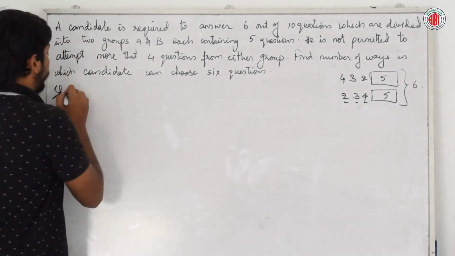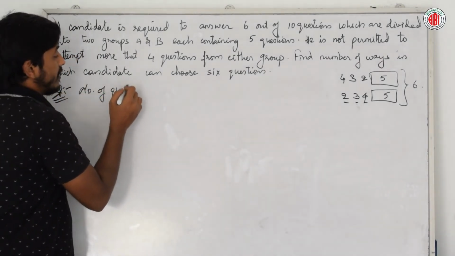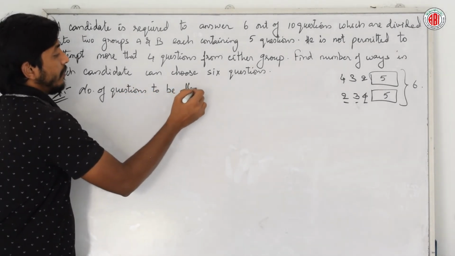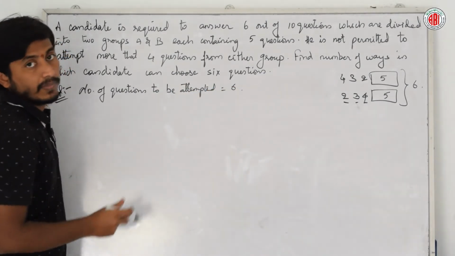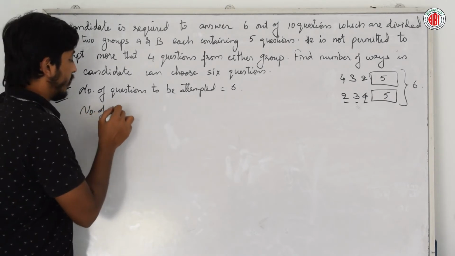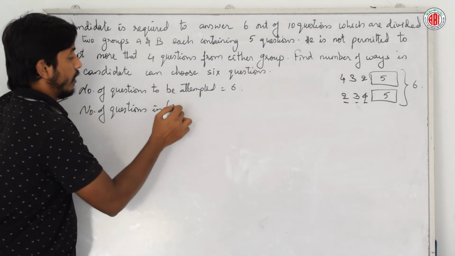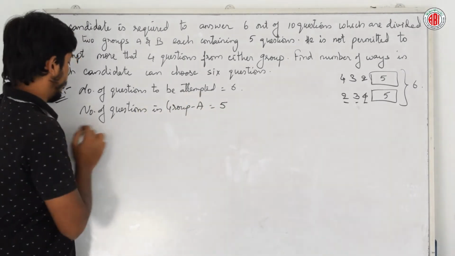The number of questions to be attempted, how many? 6. Done. Next, the number of questions in group A is 5.